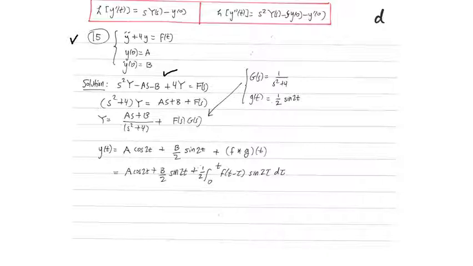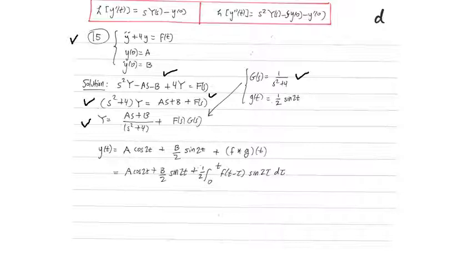Then we start solving for big Y. We collect the terms that involve big Y on the left and the other terms that don't involve big Y on the right. So big Y then is as plus b over s squared plus 4 plus f of s times g of s, where we've defined g of s to be 1 over s squared plus 4.